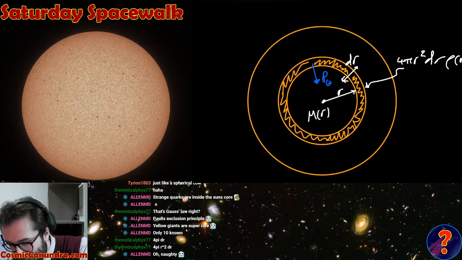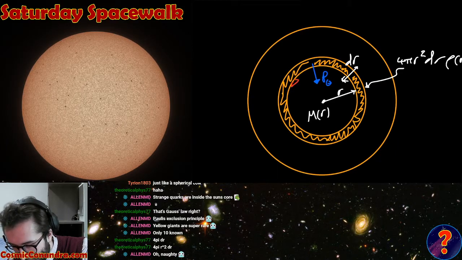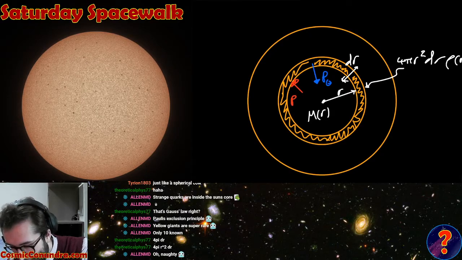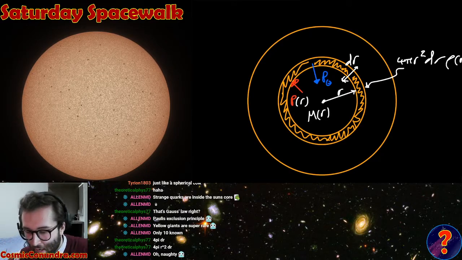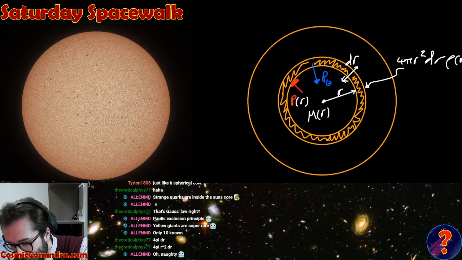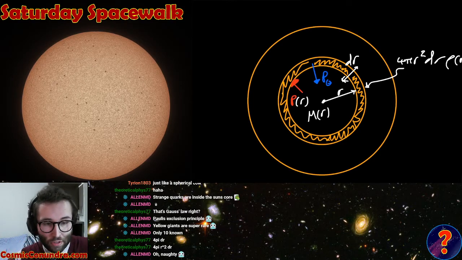So on the inner ring of this shell of material, we have some outward pressure that I will call P at R. And people sometimes get confused about pressure, but the pressure of a gas acts equally in all directions. Okay?